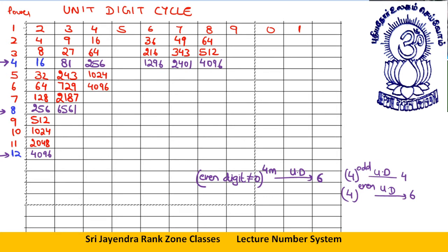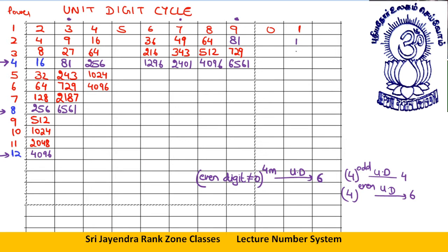Let's take 9 also. 9 raised to power 1 is 9, 9 raised to power 2 is 81, 9 raised to power 3 is 729, 9 raised to power 4 is 6561. Let's talk about only odd digits: 3, 7, 9, and 1.